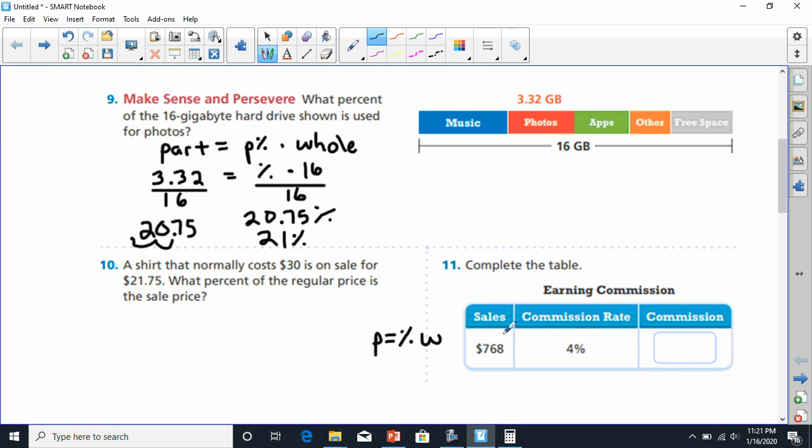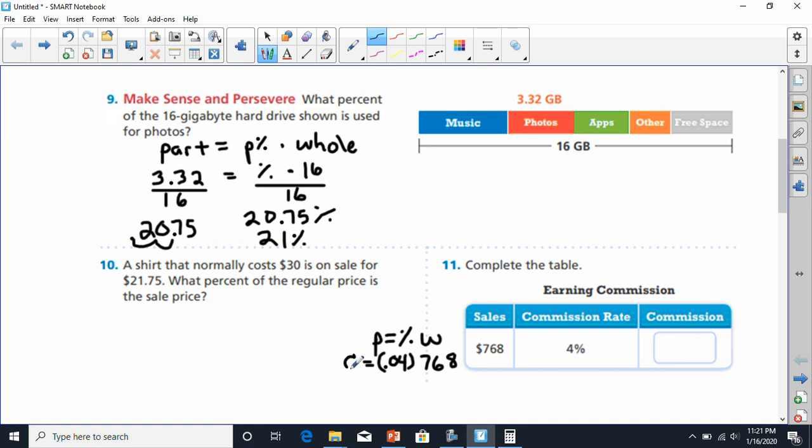And now I see that the part is actually going to be the commission. So the sales and the commission rate are going to be the whole and the percent. So this is 768, and we're going to be multiplying that by 4%. Remember, 4%, we have to move that decimal back 2 spots, so it's going to be 0.04, and that'll equal the commission, or the part.